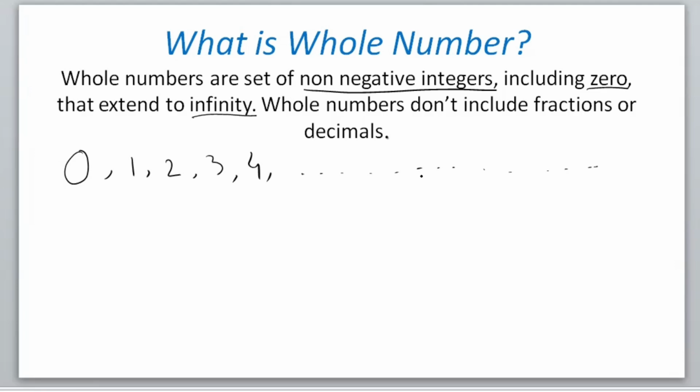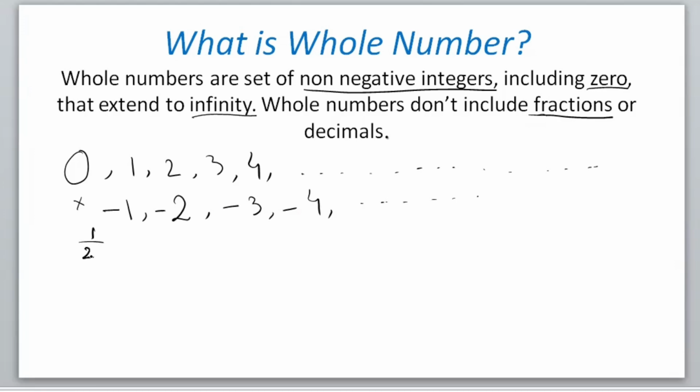What are the conditions? The first condition is it should not be in negative form. What does it mean? It means that the number should not be -1, -2, -3, -4, or so on. The second condition is it should not be in fraction form.